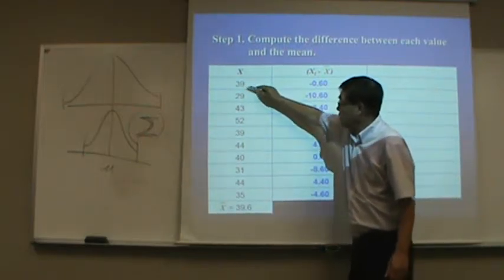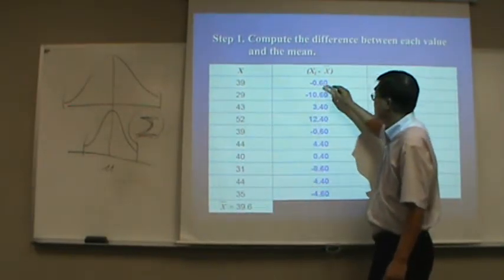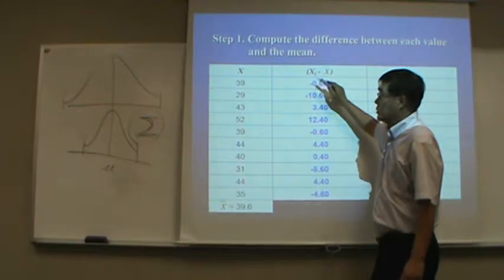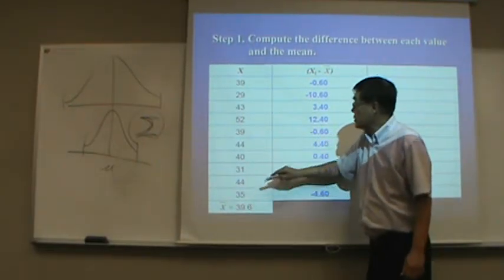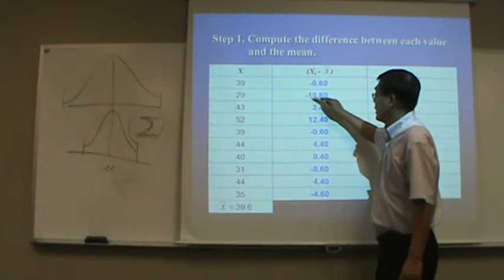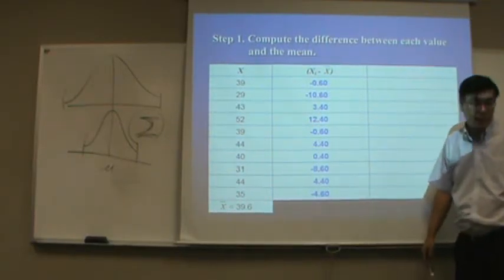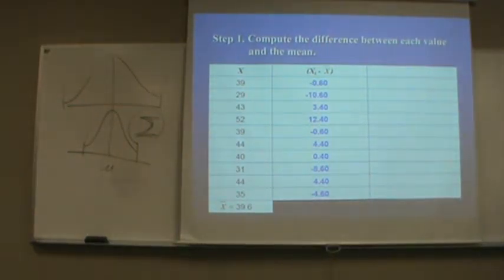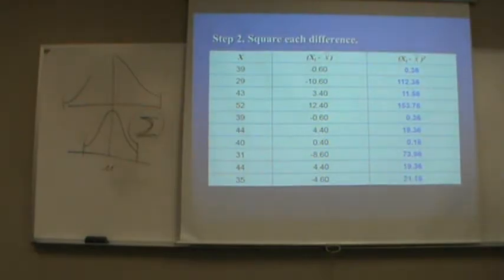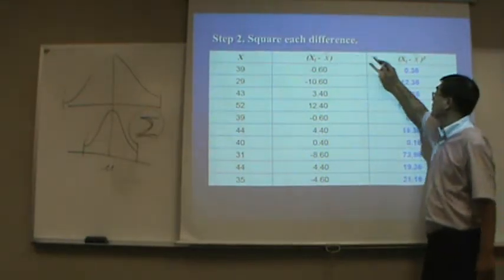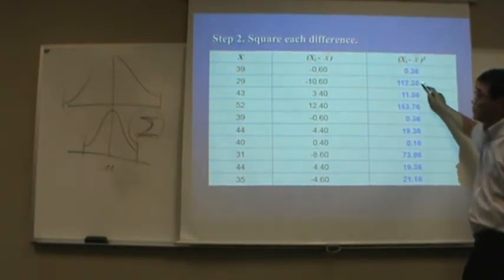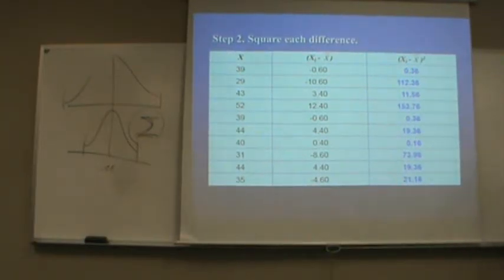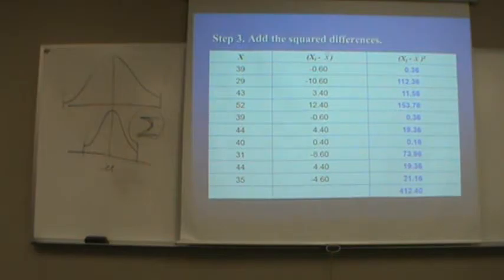So 39 minus 39.6 is minus 0.6. 29 minus 39.6 is minus 10.6, and so on. Then square this one: 0.36, 112.36, and so on.